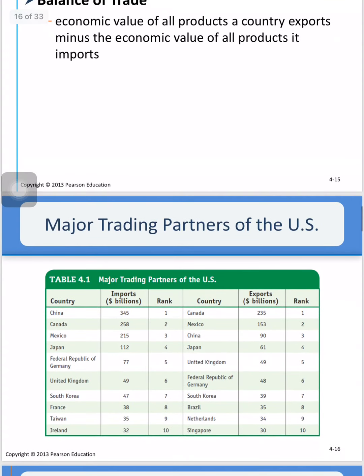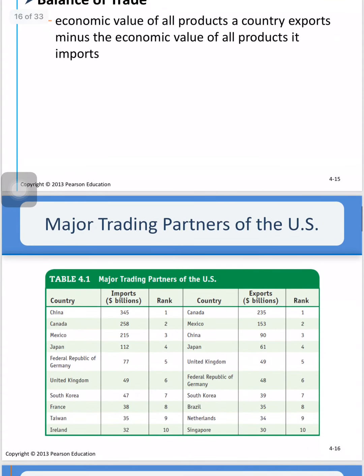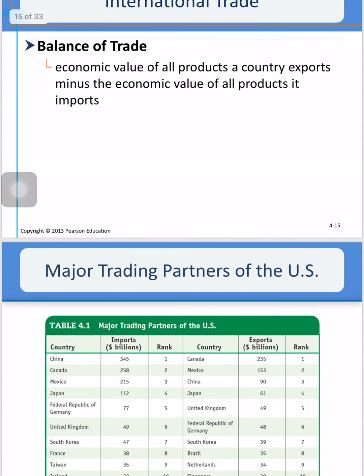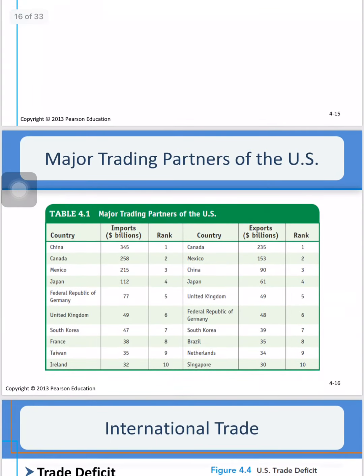And positive is where you export more than you import. Sorry, I mixed it up. That is positive. Negative is when you import more than you export. Okay, I also got confused already.